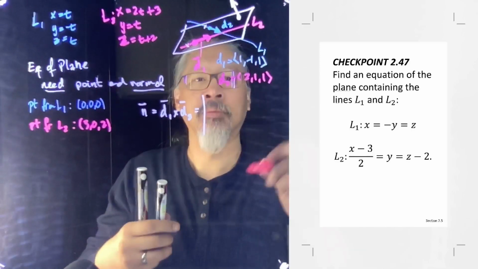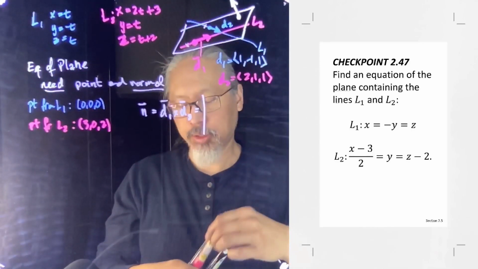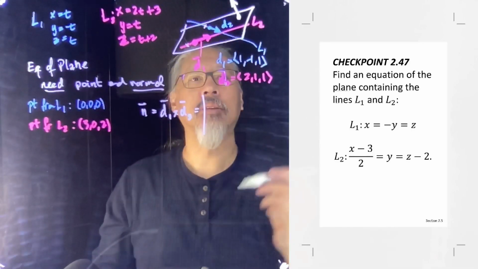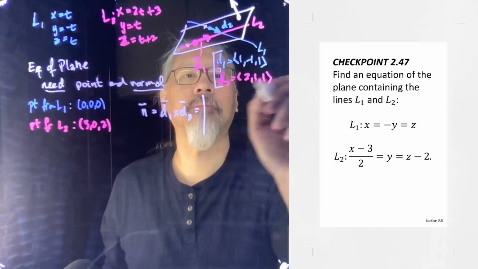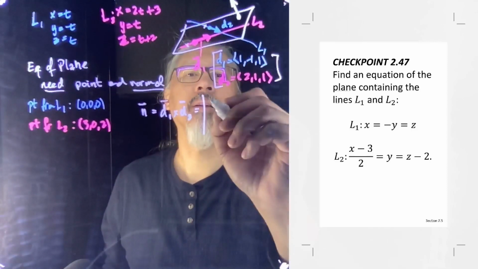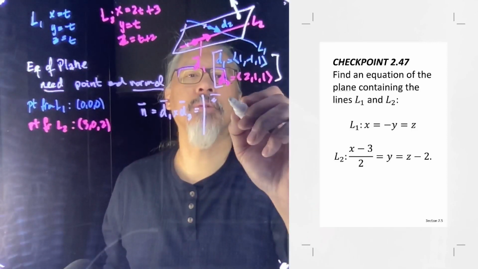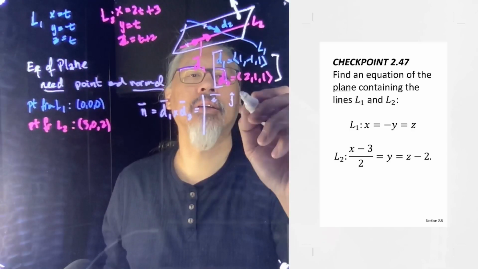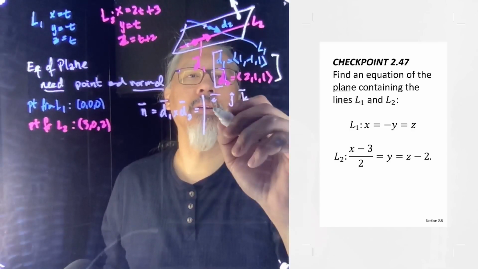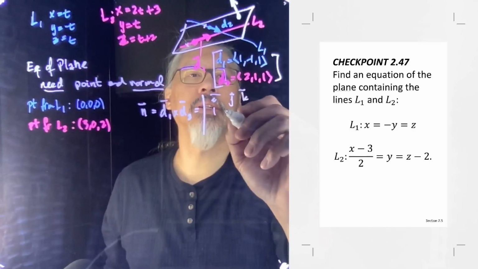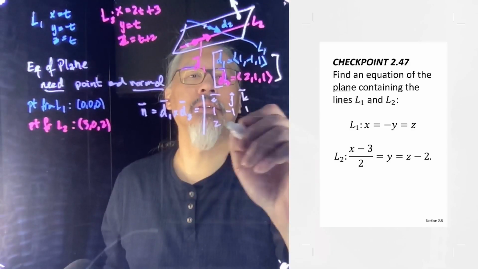Okay, and we can use either order. But when we set up our cross product, it'll be i, j, k. And let's put D1 first. 1, -1, 1, and 2, 1, 1.